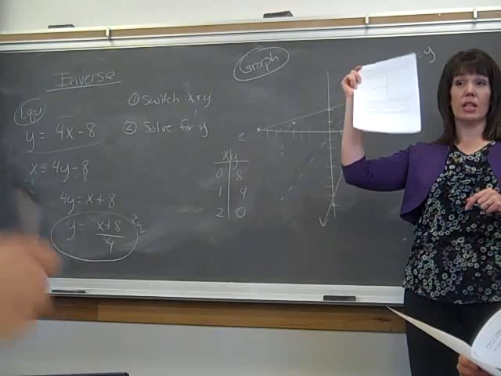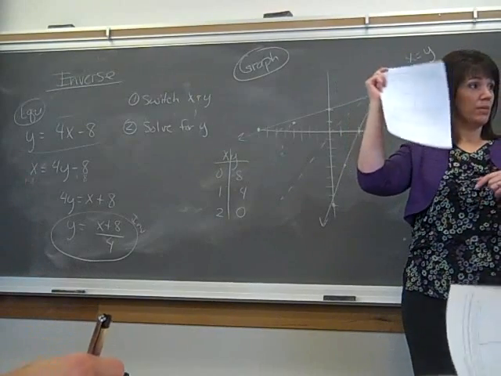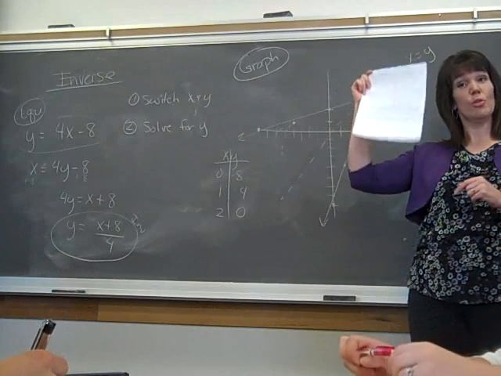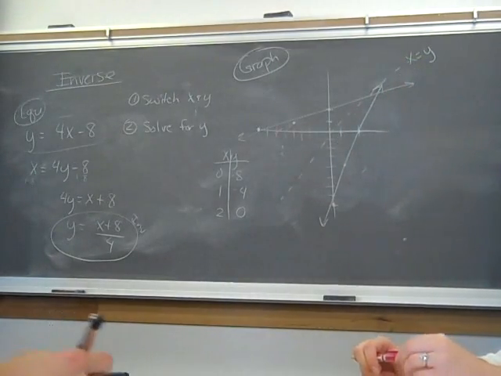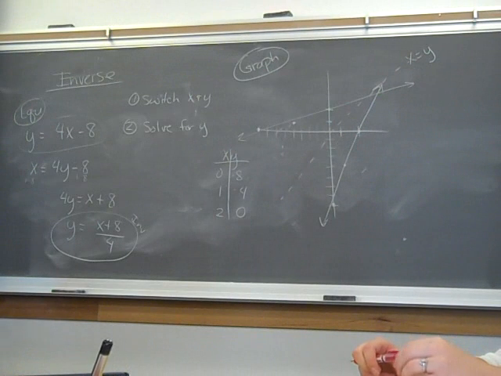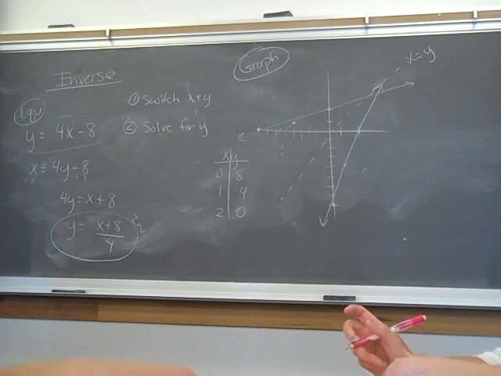You will not turn this in. This is a binder assignment. But next week I will make sure to ask you, did you understand the inverse sheet? All right? It's not hard. I want to get on to logarithms and exponents because that's the meat. That's what we really need to know.